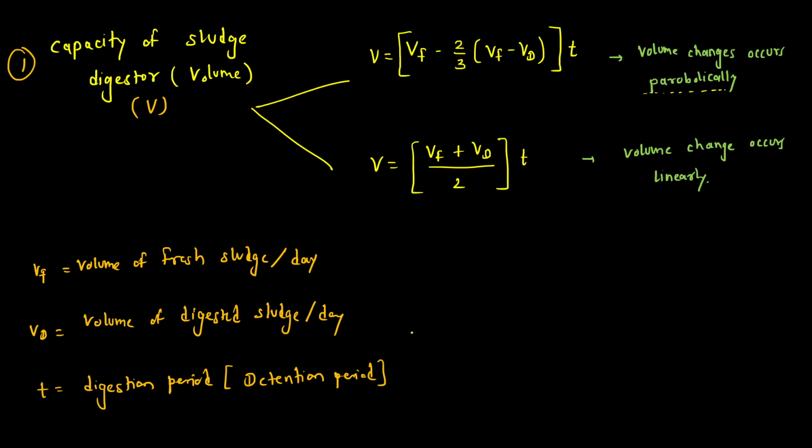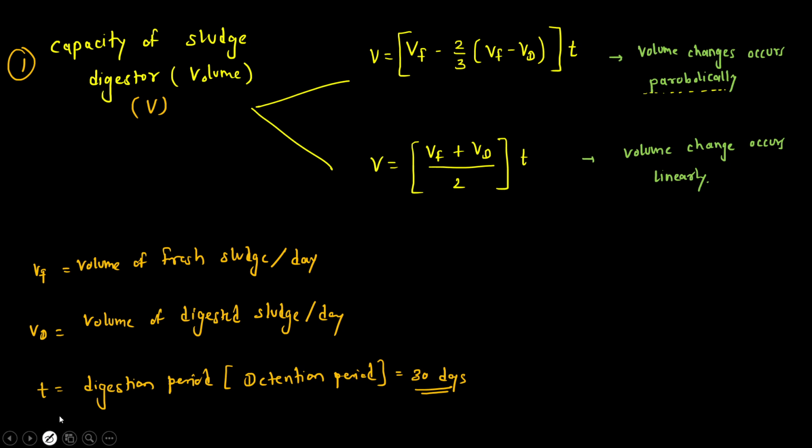Generally this detention period we are taking as 30 days. So in sludge digester, many times it is 30 days only. If in the question it is not given, take 30. If it is given, then you take that value. Okay.